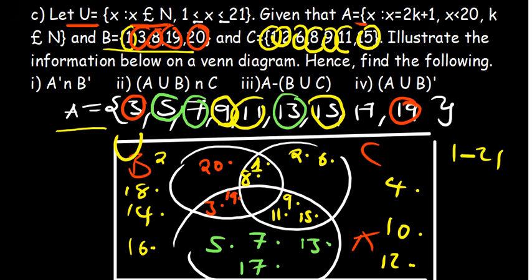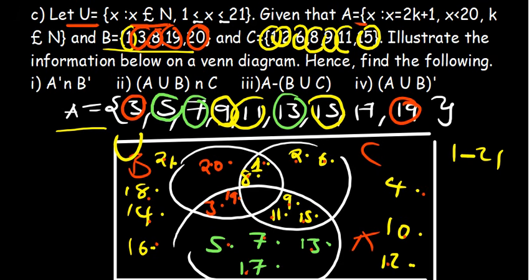No. So you need to make sure that if you count all these, they're supposed to add up to 21. So I'll start: 1, 2, 3, 4, 5, 6, 7, 8, 9, 10, 11, 12, 13, 14, 15, 16, 17, 18, 19, 20, 21. So all the elements have been listed and presented in our Venn diagram there.